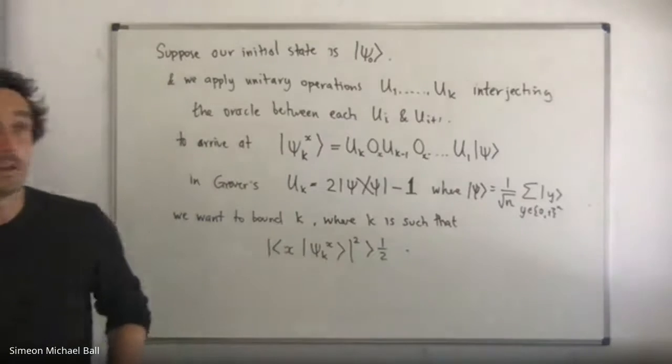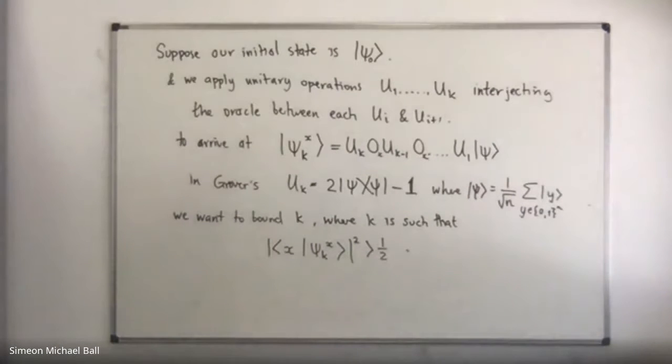Okay, so that would be good enough for us to be able to find x by repeating the algorithm if necessary until we can indeed deduce which x is the x such that f of x is equal to 1.